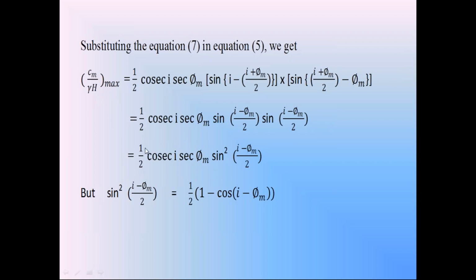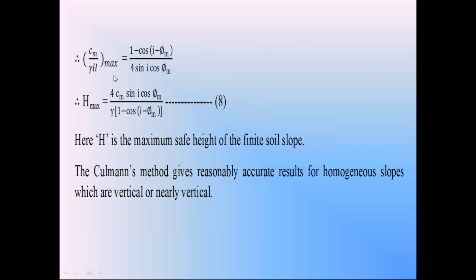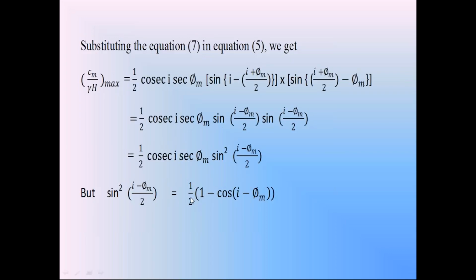So Cm by gamma h maximum is half cosecant I secant phi m into sine square (I minus phi m) by 2. According to trigonometry, sine square (I minus phi m) by 2 is half into (1 minus cos (I minus phi m)). Substitute this, with cosecant I as 1 by sin I and secant phi m as 1 by cos phi m.